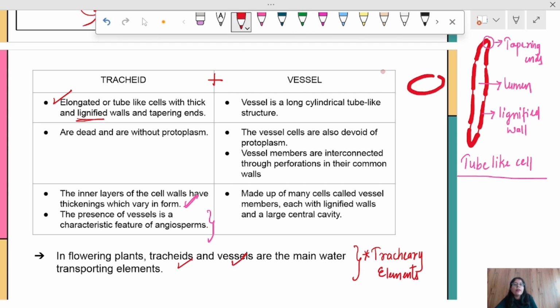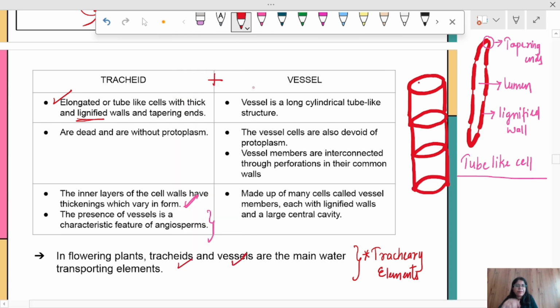Okay, see. Just try to compare a vessel with a trachea. Okay, try to compare. See. Okay, laterals also you can remember like this.